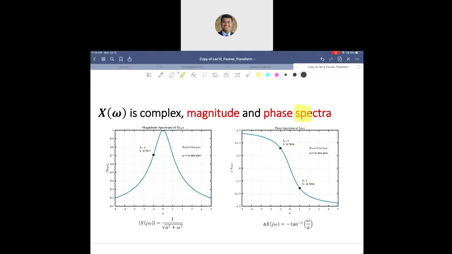Okay, what is spectra? It is plural of spectrum. So what is spectrum? Can I say it is the behavior with respect to frequency?